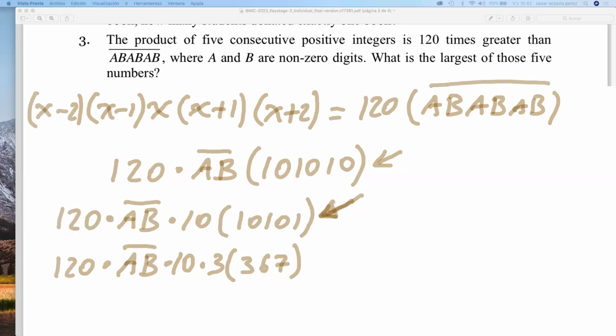Is it a prime number? Maybe it can be divided by 13.